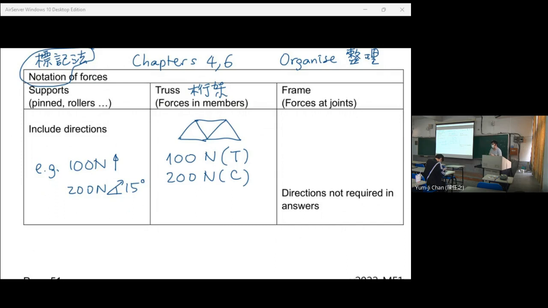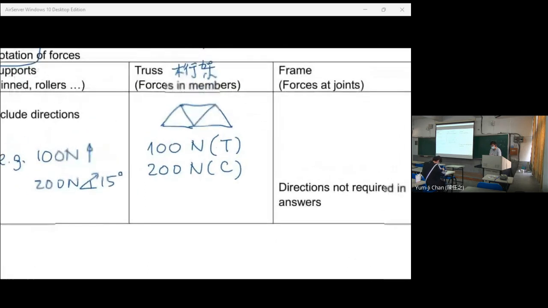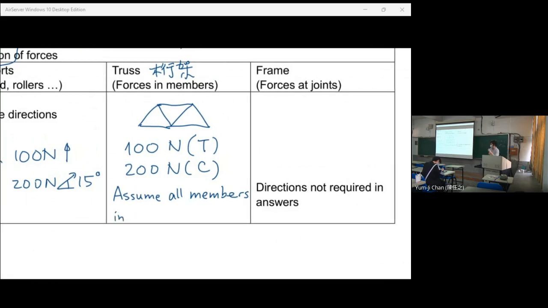At the beginning of solving this problem, when we draw free-body diagrams, assume all members are in tension.